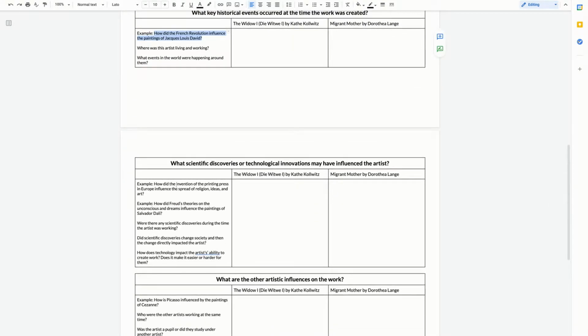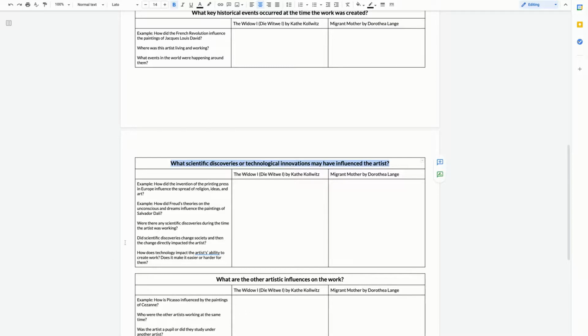So the next question is, what scientific innovations may have influenced the artist? So what are the things out there that may have been technology or science related that directly impacted the artist? Again, we're not looking for random facts here. We're looking for direct connections.